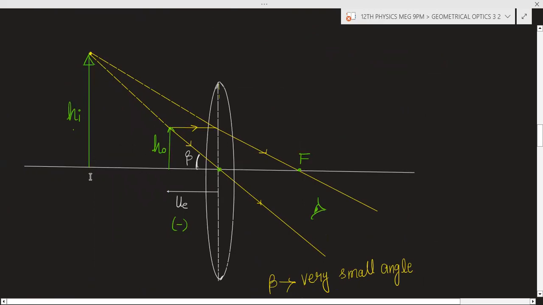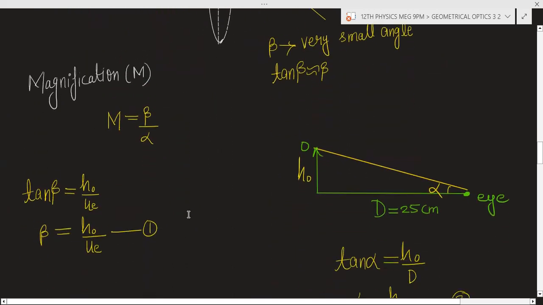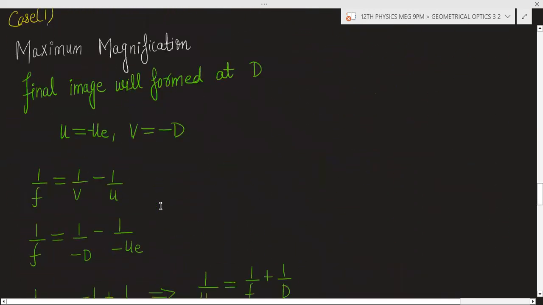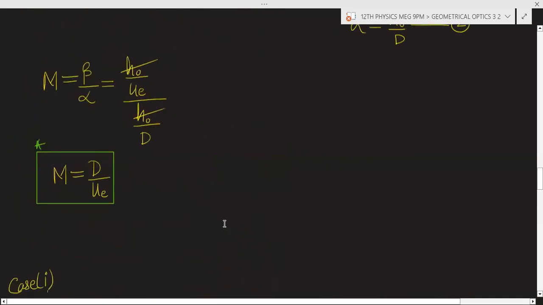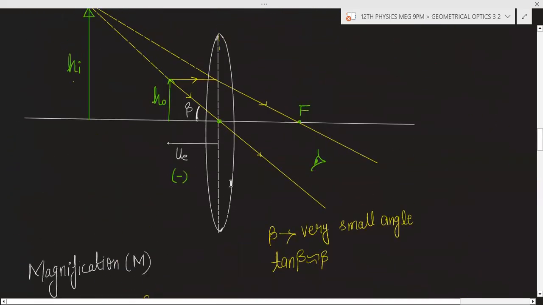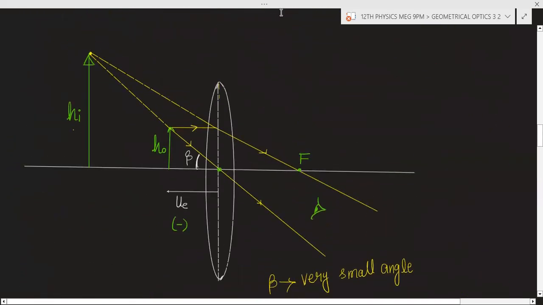You can show this as 25 centimeters. But for the second case, what will happen? The final image will be formed at infinity. In both cases, the diagram will be different, because the image is forming at different positions.